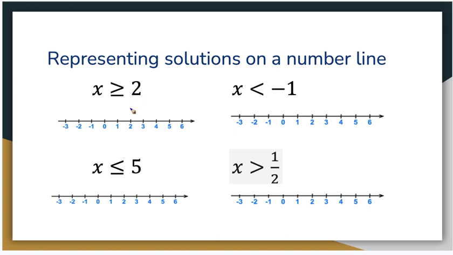So we use a shaded dot. And it is greater, so we have a straight line with an arrowhead.